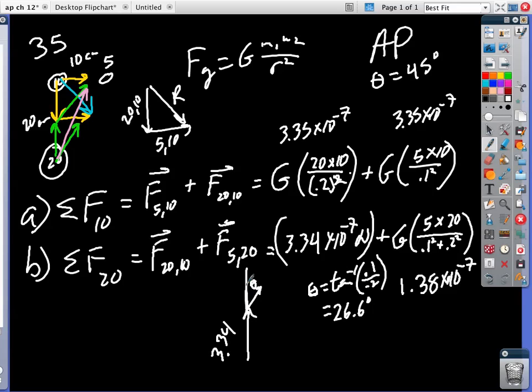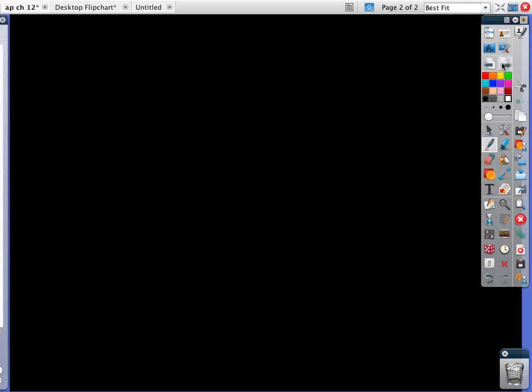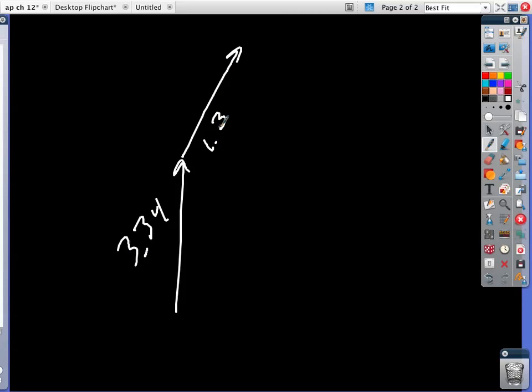So I just have to crack this into its two components. Let me write this bigger so people can see it. This is like 3.34. This is 1.38. This is 26 degrees. And if you want, you could use law of cosines or whatever you want to do.